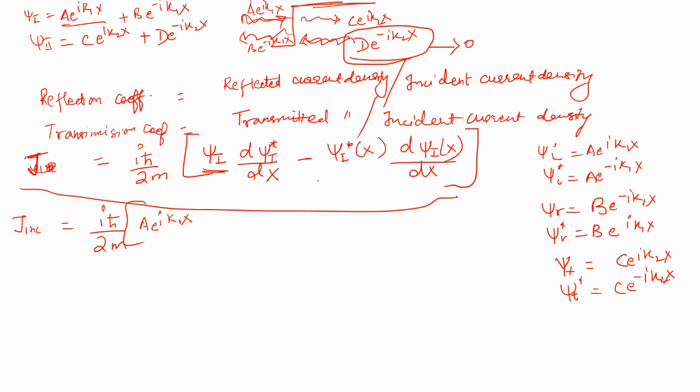So d psi star by dx, that means you have to find the d psi star by dx of the incident wave. So it will be a times minus iota k1 e raised to the power minus iota k1x, minus a e raised to the power minus iota k1x times the d psi by dx of this one.